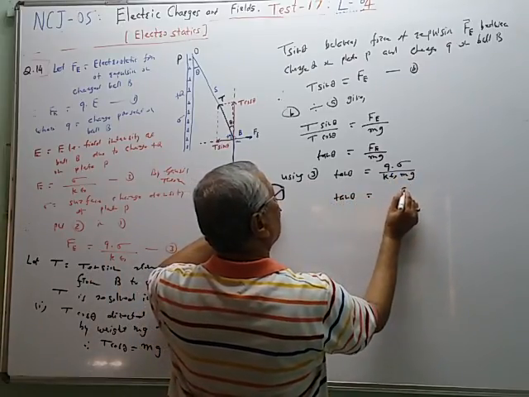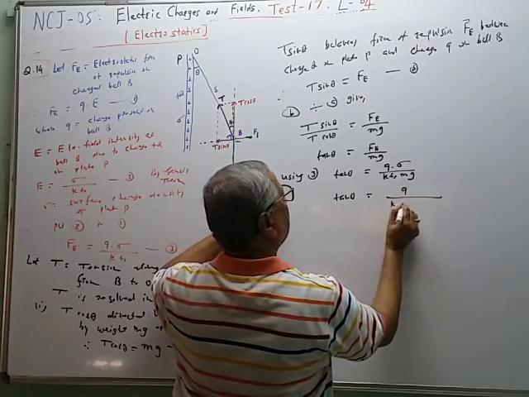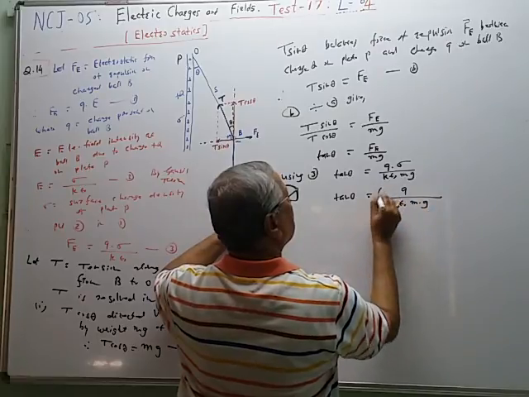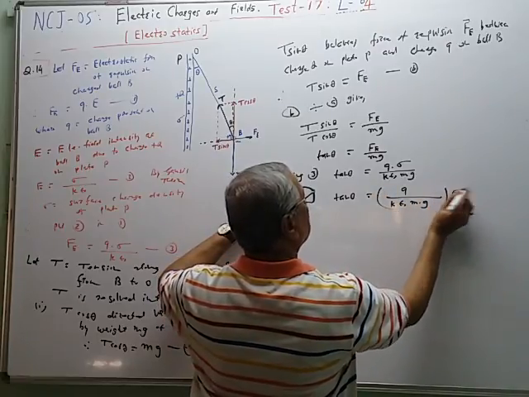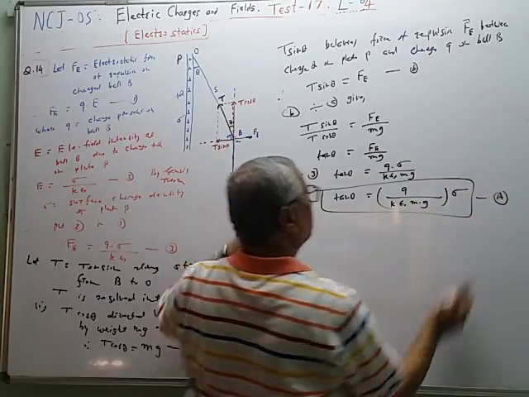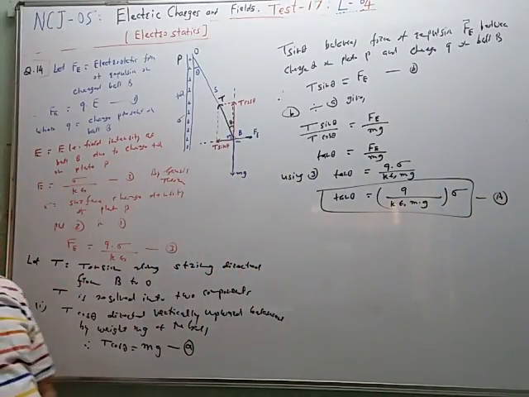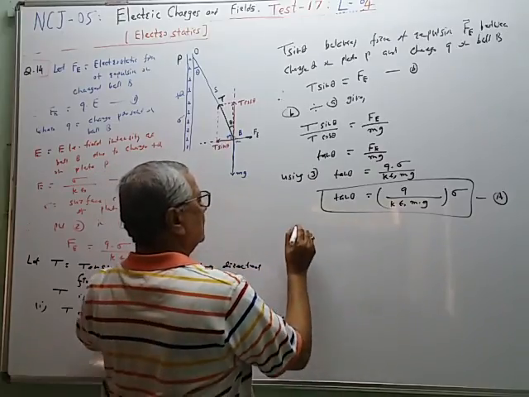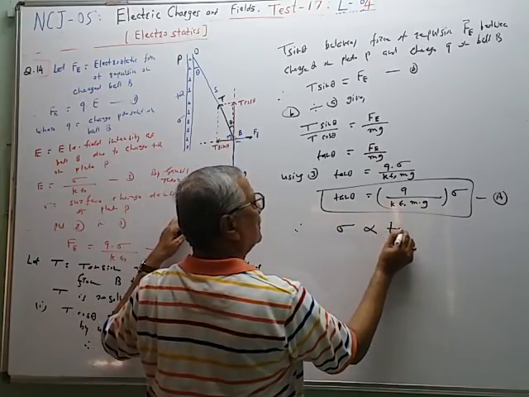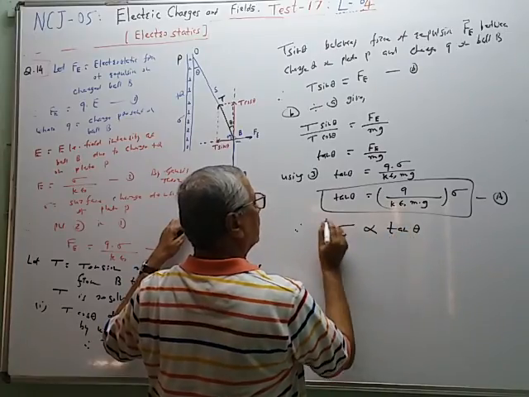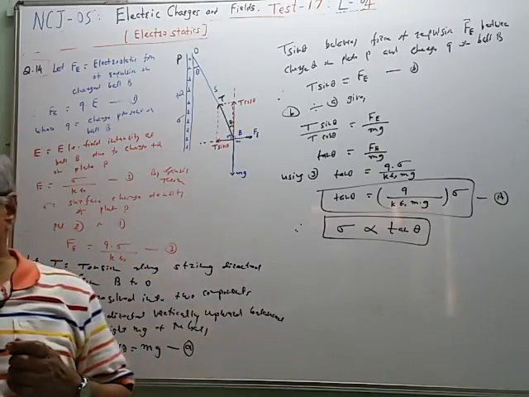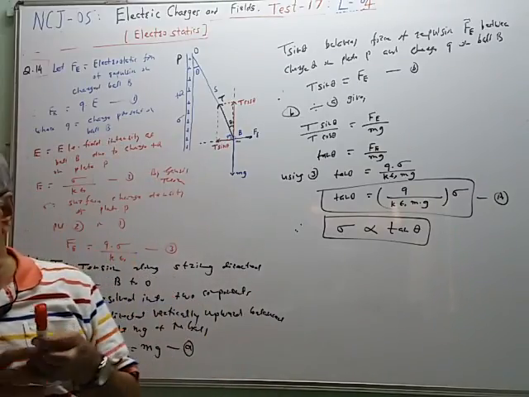Therefore tan theta is equal to Q upon K epsilon naught m g into sigma, where K is the dielectric constant of the medium and m is the mass of the bob. So all these quantities are constant, and therefore sigma is directly proportional to tan theta. This is the reason. So the correct choice is D.